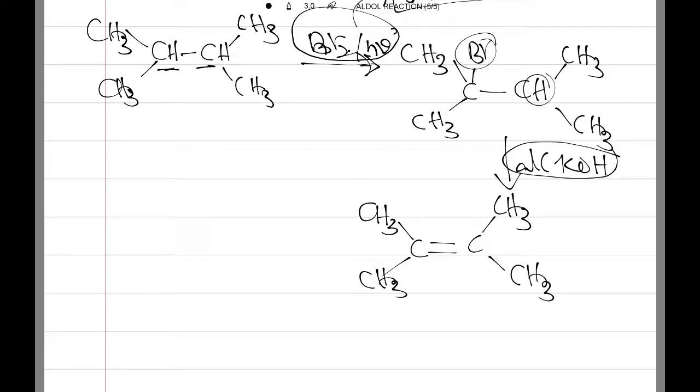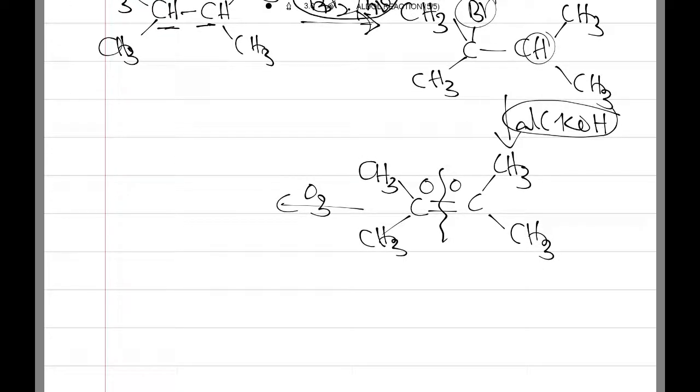This alkene on ozonolysis gives carbonyl compounds. So 2 moles of acetone are formed.